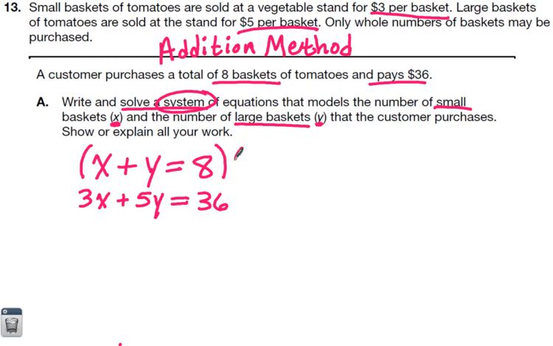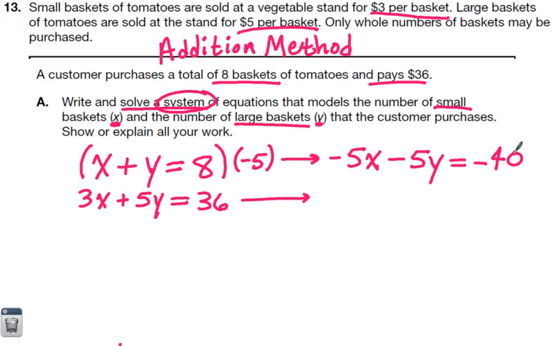So how would I do that? I would multiply the equation by negative 5. Okay? Once again, I don't need to change the second equation. I want to leave this as 5y and turn this into negative 5y. But once again, you have to multiply negative 5 by the entire equation, and that should be negative 40.